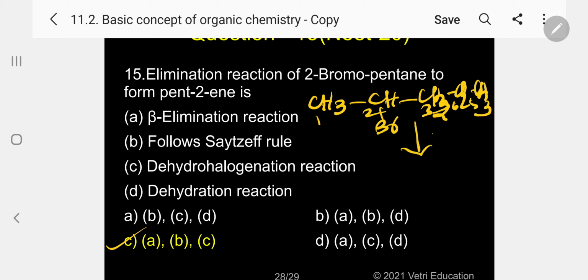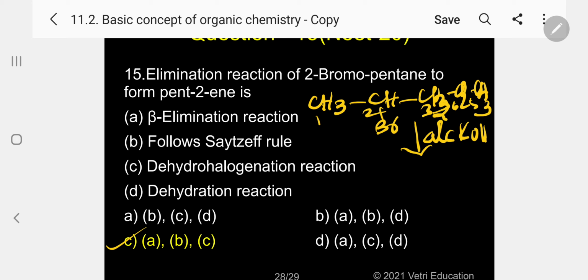For 2-bromopentane, when I am using alcoholic KOH, this is the suitable reagent for elimination. Normally we will use alcoholic KOH as the specific reagent for elimination reaction. So when you treat this, what will happen now?